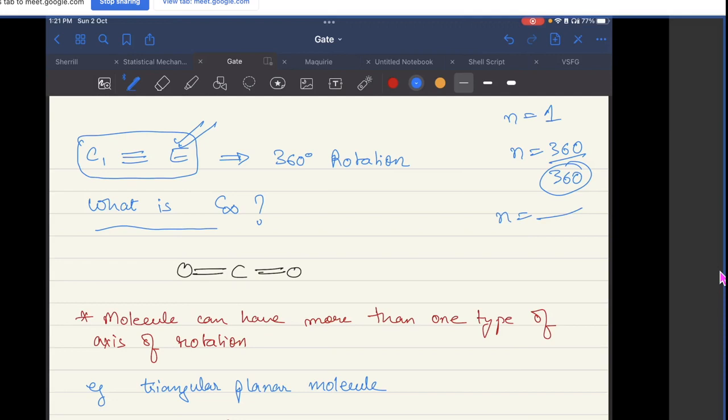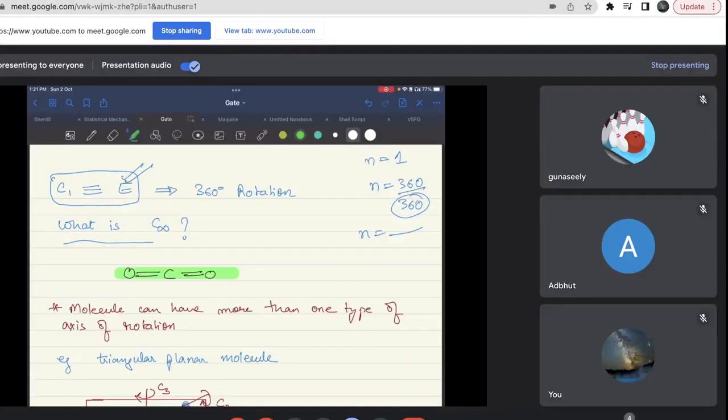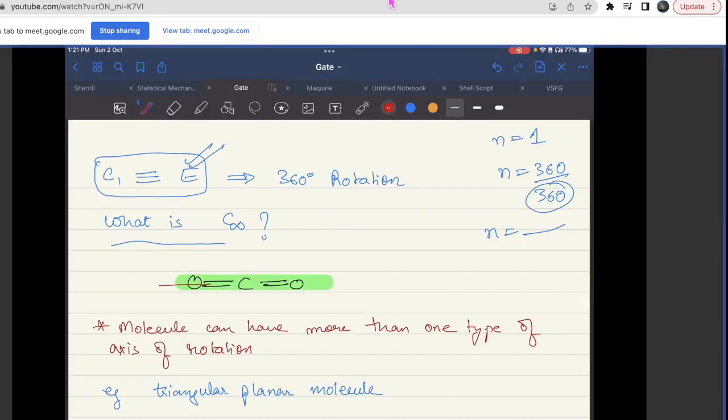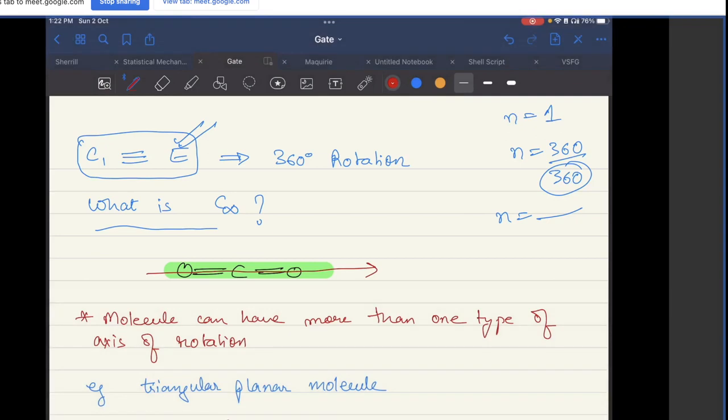If you are asking me about C infinite, there should be something making n equal to infinity. So if you see this particular molecule here, CO2 is a linear molecule, and if I draw the rotational axis along these atoms, carbon and two oxygen, you will see that for any number of rotations, I will get the same molecule.